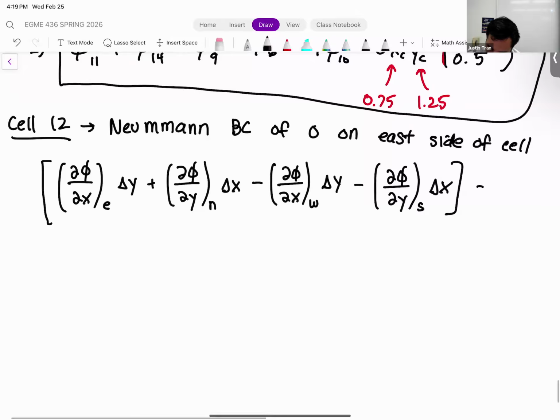And this is all equal to q of xc, yc. Oh, I forgot the delta squared. Delta squared.